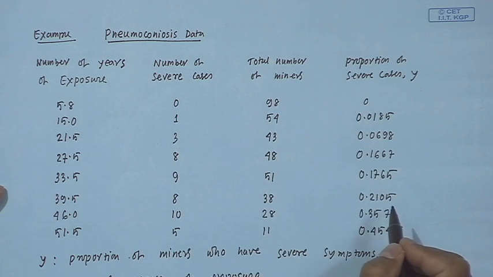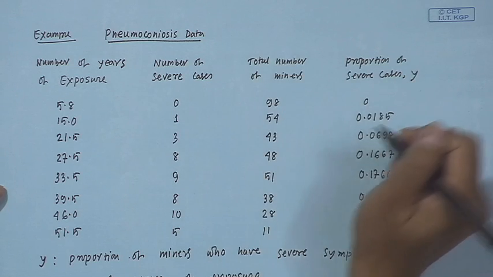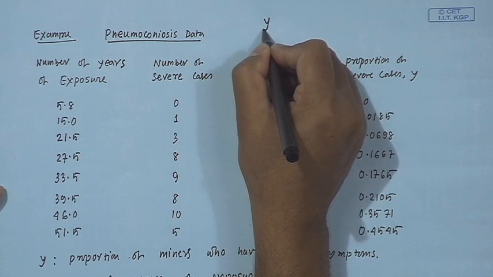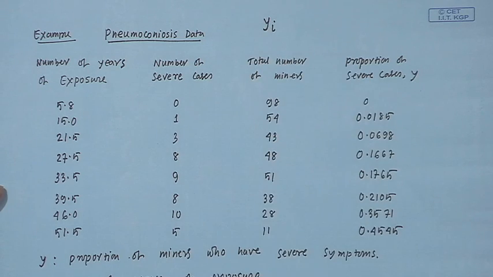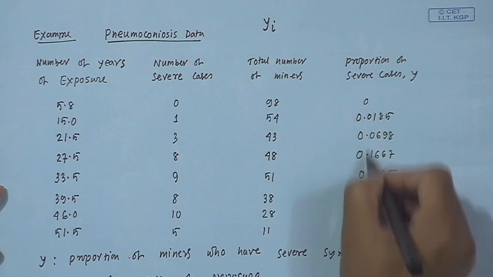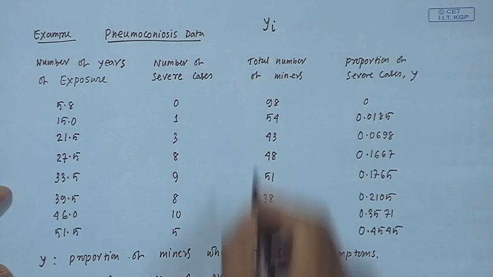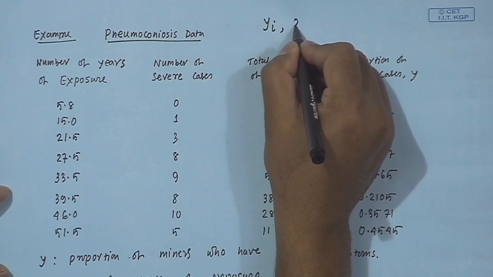So, I have the data. Now, let me write in terms of my requirement. I have the response variable y_i. So, y_i is the proportion of miners who have severe symptoms. I want to see whether the variation in this proportion can be explained in terms of the number of years of exposure, and that is my x_i.